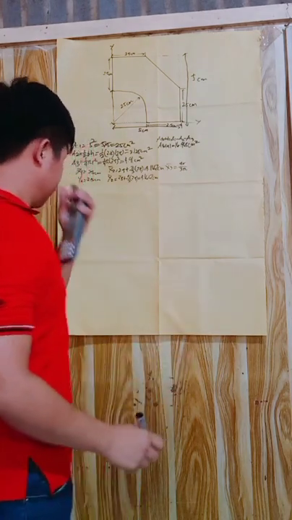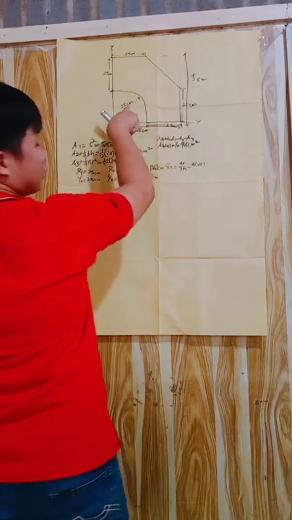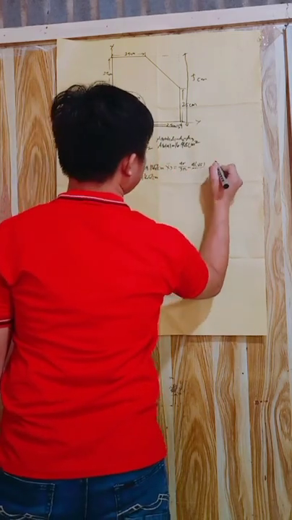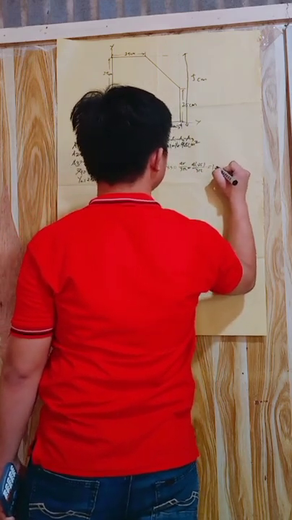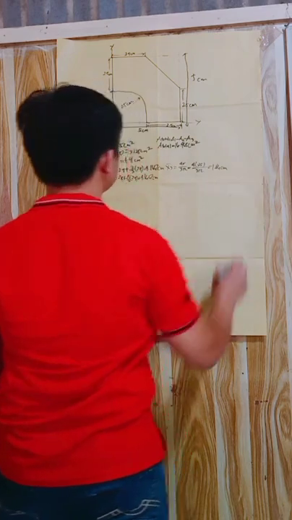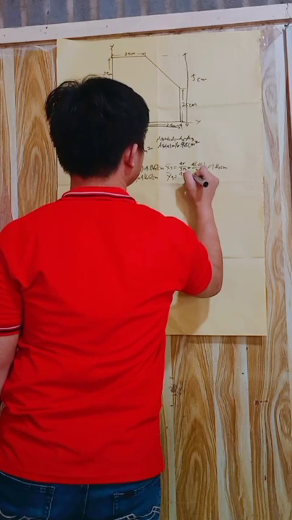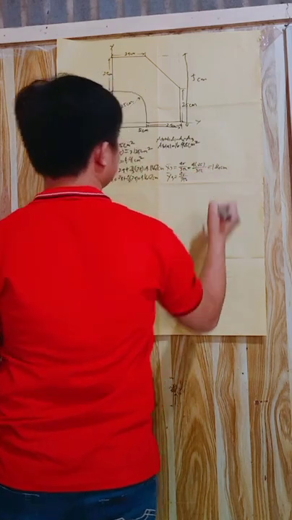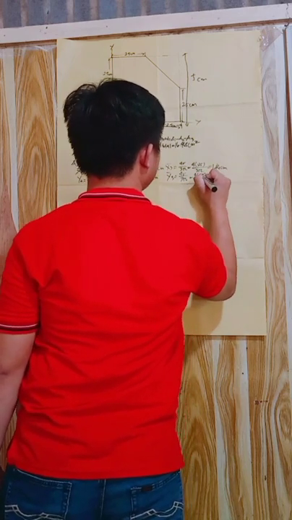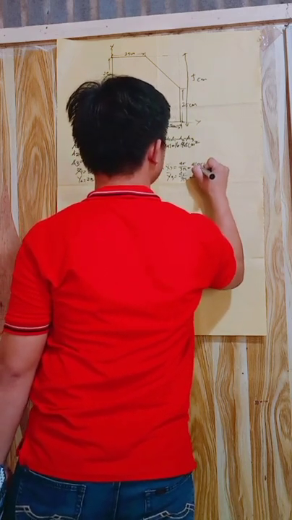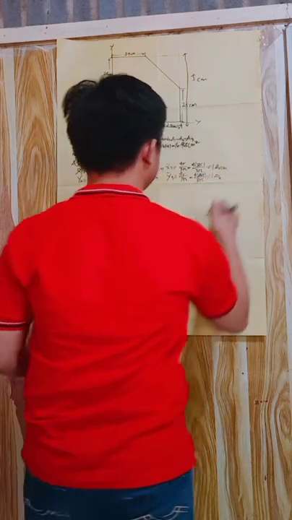Then x bar sub 3 is equal to, the formula is 4r over 3 pi. So 4r over 3 pi, with a radius of 2.5. This is the radius, right? When we calculate that, we will have 0.6 centimeters. Then y bar sub 3 is also the same formula: 4 times 2.5 over 3 pi is equal to 1.060.